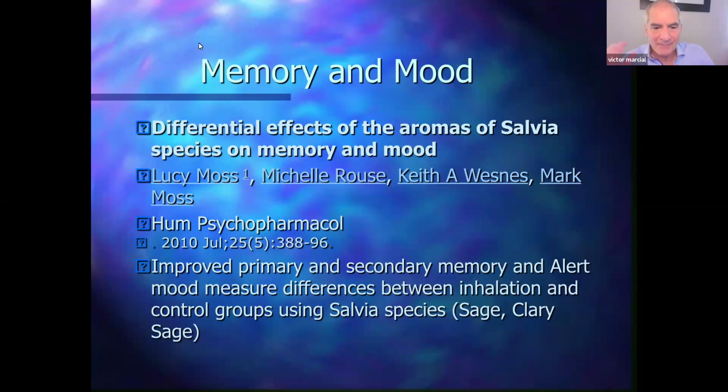For memory and mood, these lipids have also been shown to increase alertness, mood, and also memory, part of cognition. Inhaling sage, clary sage, has been shown in randomized studies to improve mood and memory. And who doesn't want to improve mood and memory?